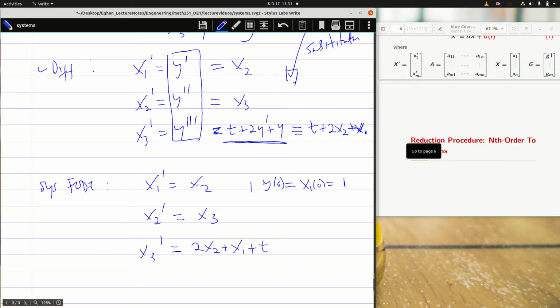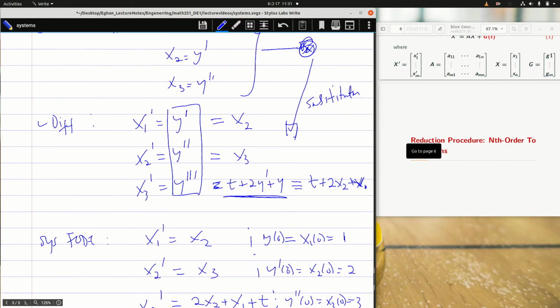Y prime at 0 means I'm going to get x2 at 0 equal to 2. Y prime prime at 0 is given as x3. These are the conditions that came with it. It is all from the new variables.